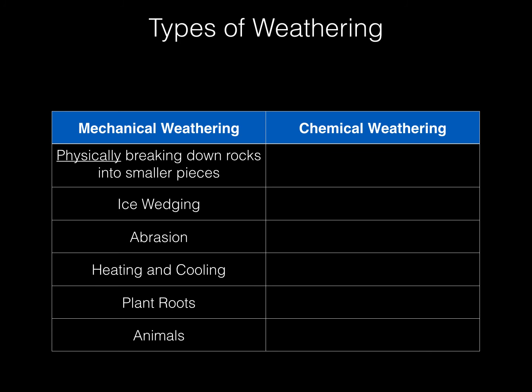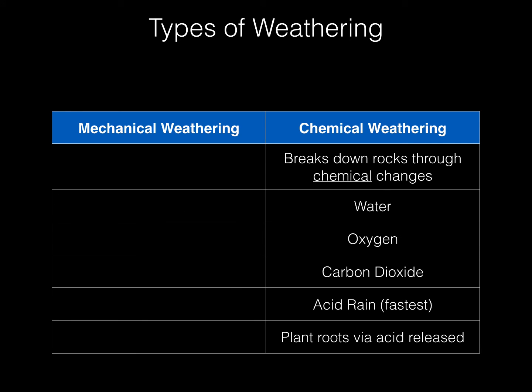Let's look at the other side of your chart. Chemical weathering. It breaks down rocks through a chemical change, meaning it's not physically doing it, it's using chemicals to change the makeup of the rock. Five of those examples I'm using is water. Water can dissolve things, and oxygen, which can oxidize things.